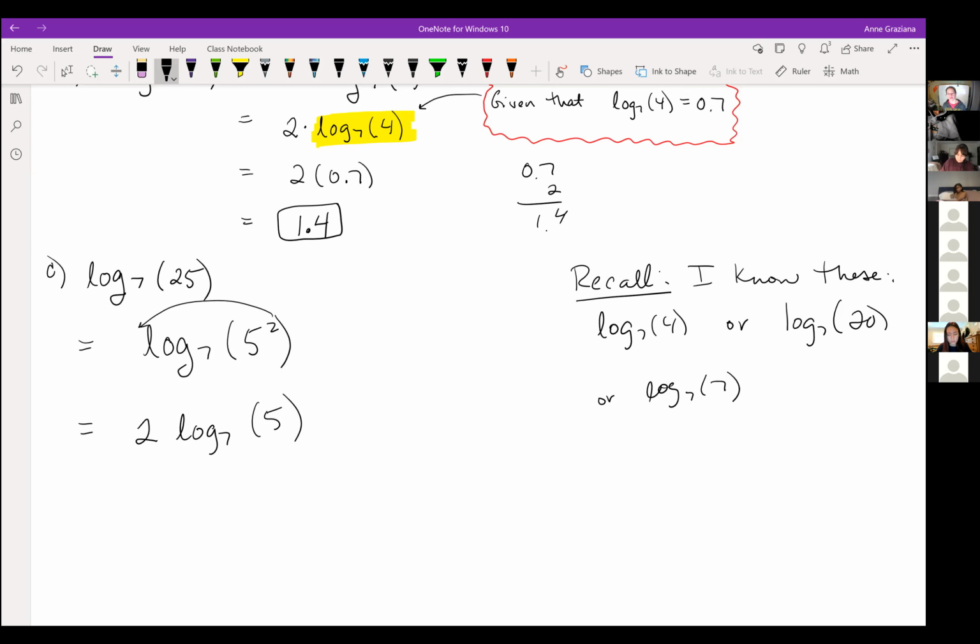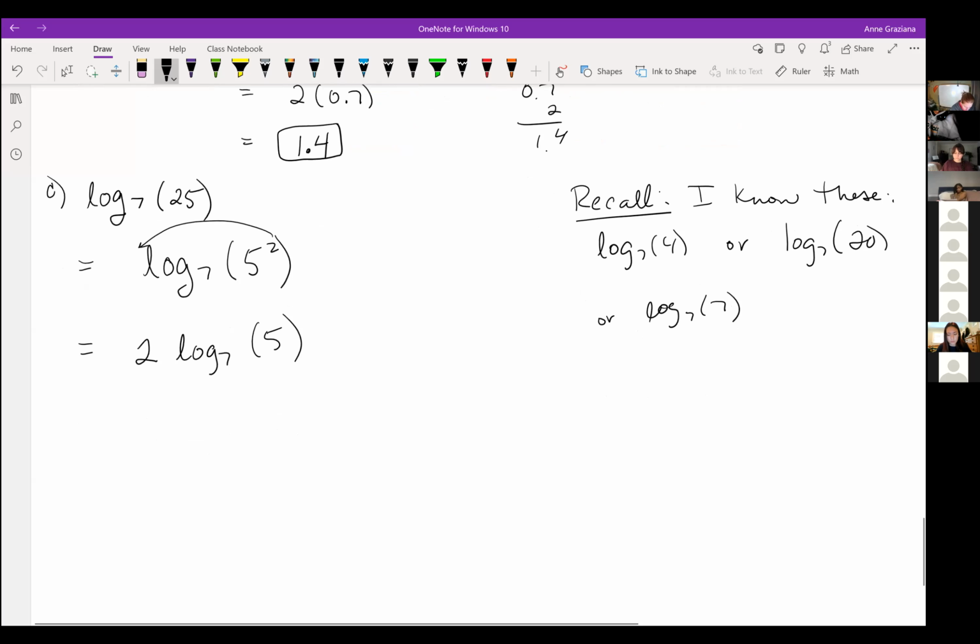What operation could we use? Oh, you could use the 20, then use the product rule. Oh, I could. Yeah. Okay. The problem is, how do I write 5? I can't make 5 into 20. That's the thing. But what I can do is write 5 as 20 divided by 4.